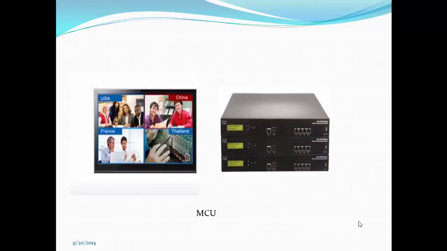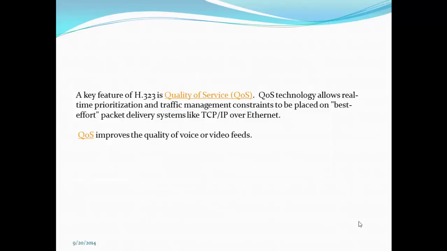If you see the next slide, here is an example of an MCU, multipoint control unit. A key feature of H.323 is quality of service, which allows real-time prioritization and traffic management constraints to be placed on a best-effort packet delivery system like TCP/IP over the internet.